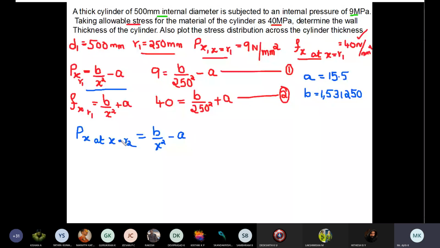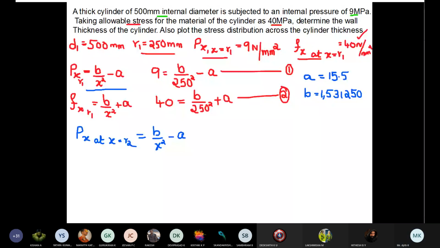There is no external fluid pressure in the question. During the last class, I told you if external fluid pressure is not given, you can neglect it or assume that it's 0.